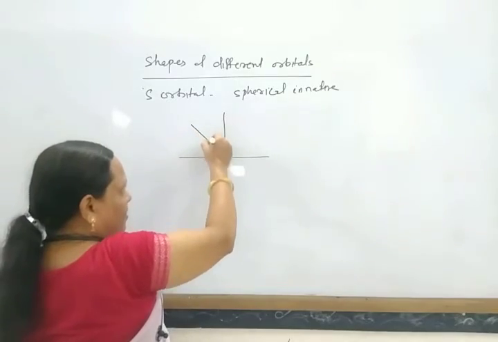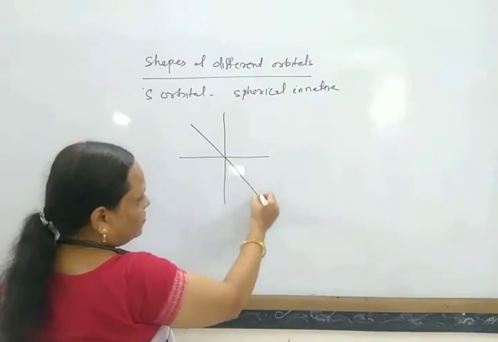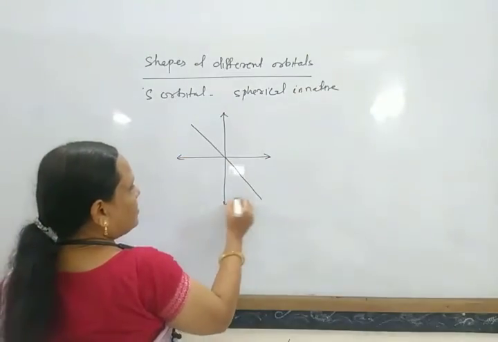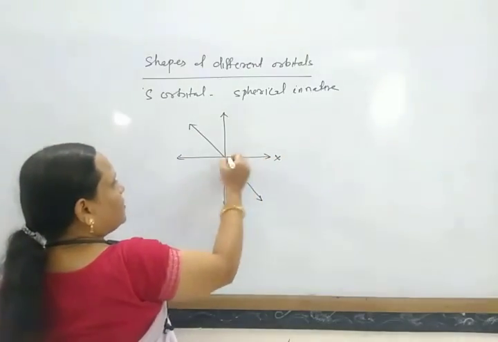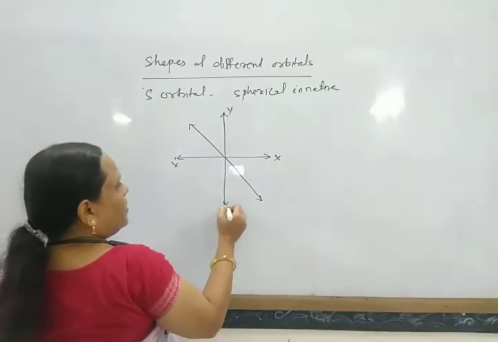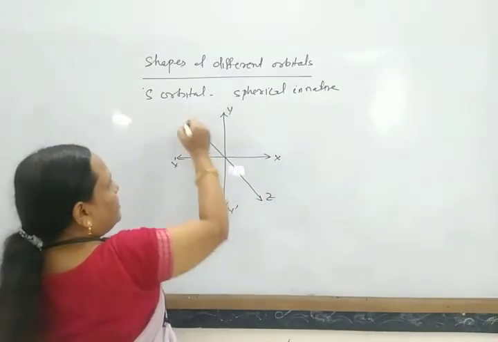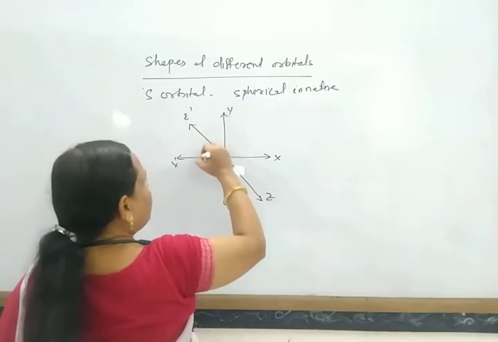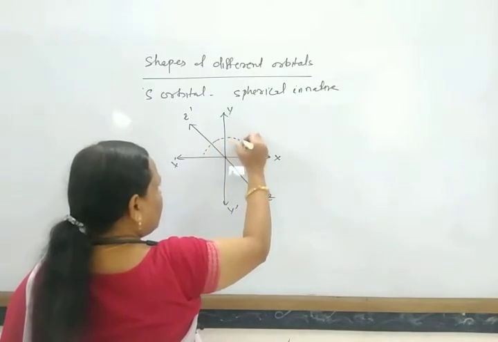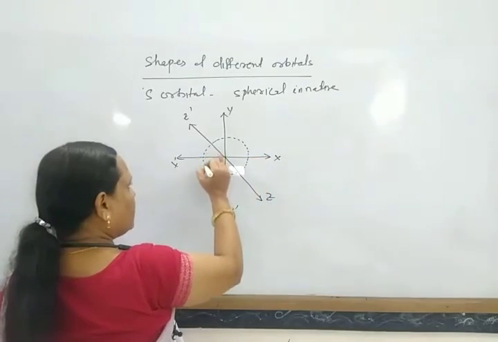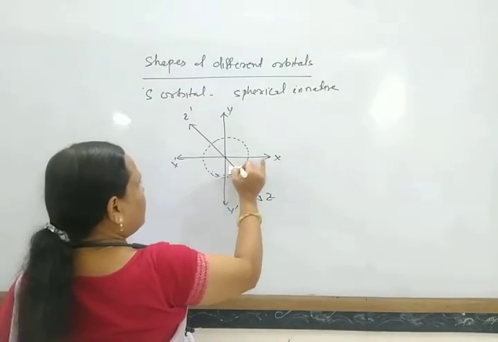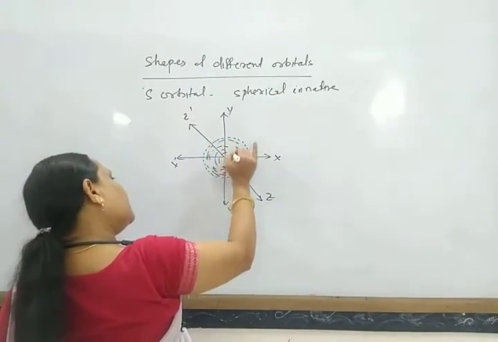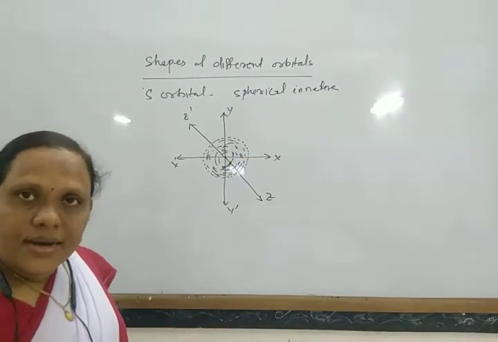These are x, O, x dash, y, O, y dash, and z, O, z dash. Suppose this is the O, the nucleus, around which the electron revolves. So this is the s orbital, spherical in shape. This is the electron cloud of the s orbital.